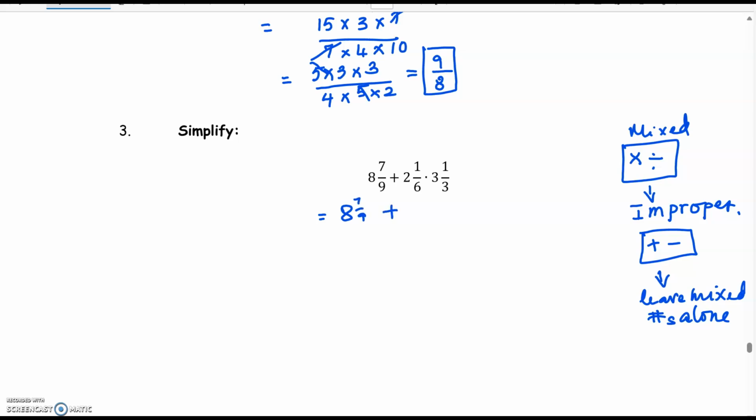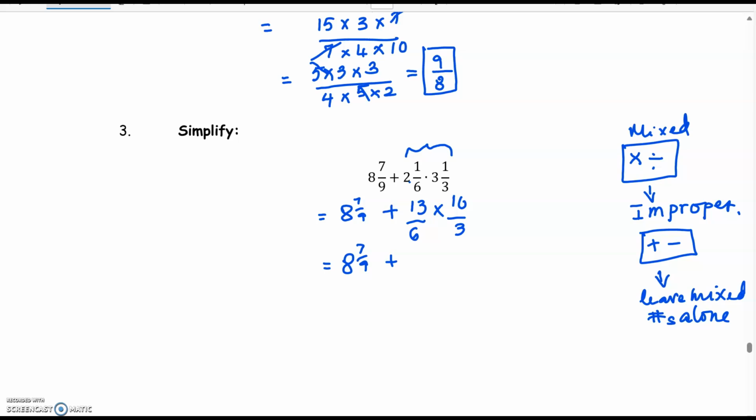Plus, since we're going to do in PEMDAS multiplication first, so 6 times 2 is 12 plus 1 is 13 over 6, times 3 times 3 is 9 plus 1, 10 over 3. So 8 and 7/9 plus, and let's see if something cancels.